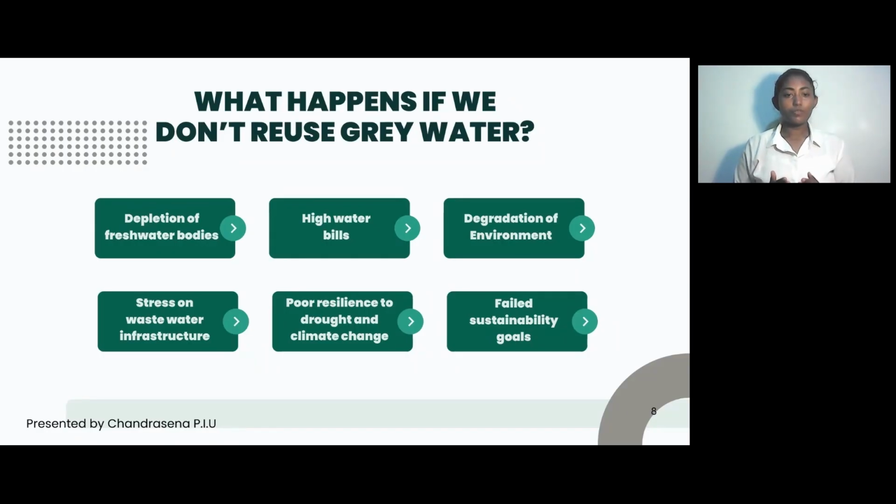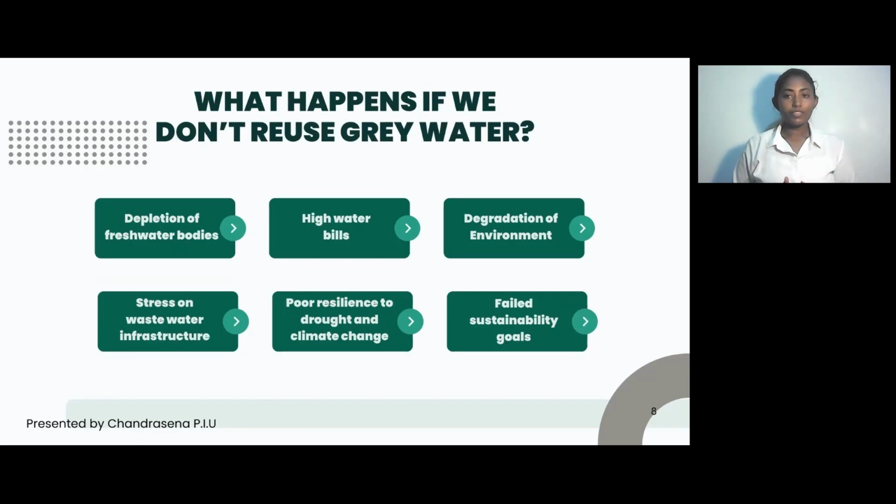We use clean water for everything, like toilet flushing, watering plants. This increases water usage unnecessarily. Those tasks don't need perfectly clean water. We can use purified grey water. Otherwise, our water bills will increase. So, by ignoring grey water reuse, we are not just wasting water. We are also spending more money than we need to.